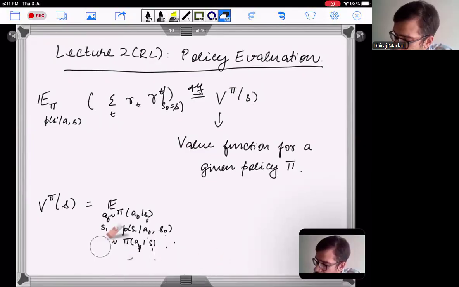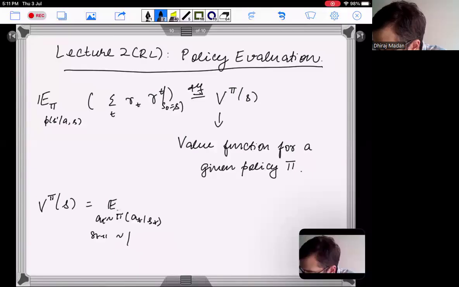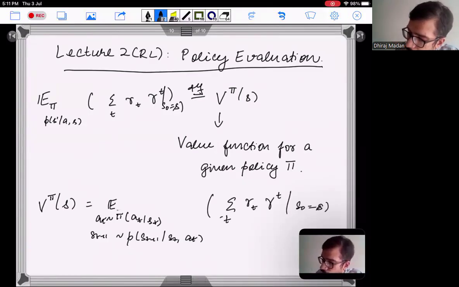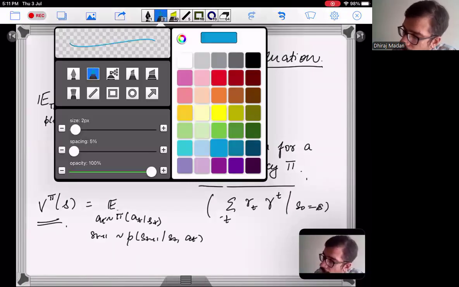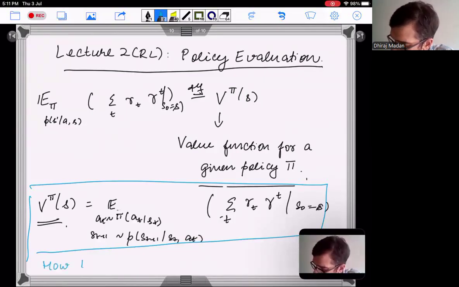In summary, there is an expectation over pi of AT given ST, which is how AT is sampled, and ST plus 1 is sampled from P of ST plus 1 given ST, for all T. Next I have a sum over T of RT gamma to the power T, given S. This expectation is known as the value function for a given policy pi, and our goal is to compute this V pi of S. That's what we are going to study in today's lecture.